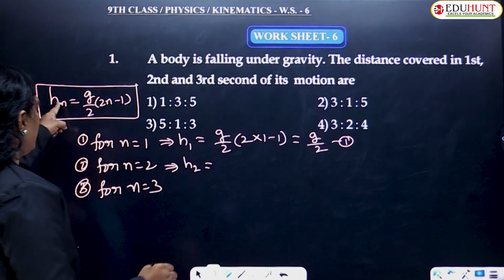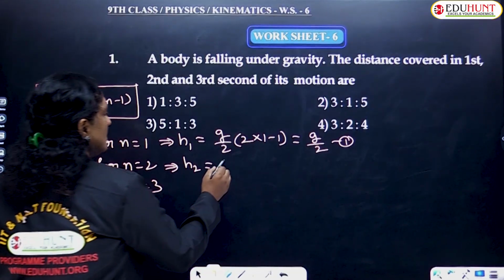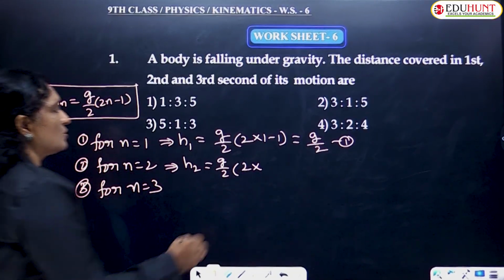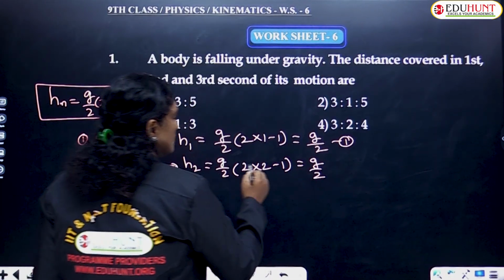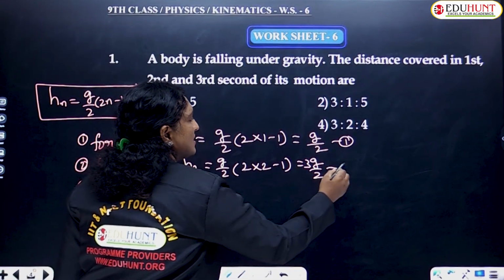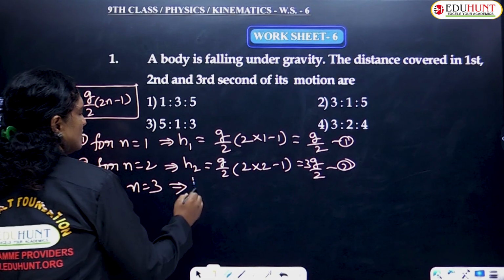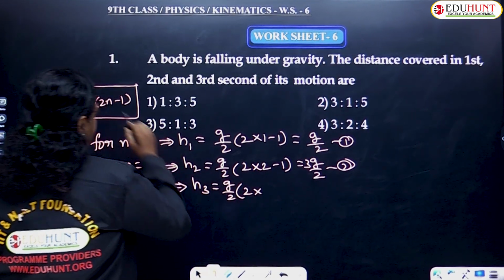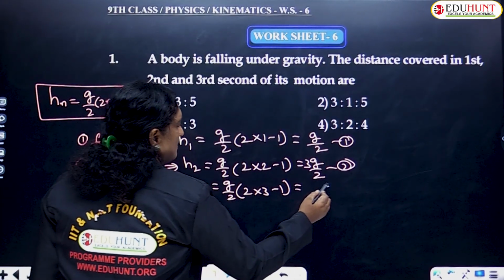Now we are asked to find the separation between both the bodies. The separation S is nothing but H1 minus H2. The first body would have traveled a larger distance, the second body a shorter distance. The gap between the two is H1 minus H2. What is its value, children? It equals 9g by 2 minus 4g by 2. 9 minus 4 is 5, that is 5g by 2.